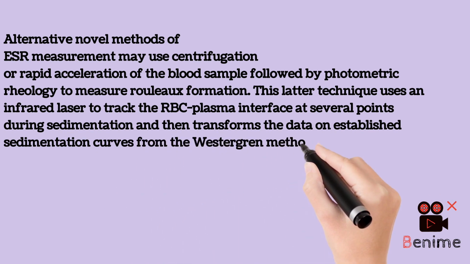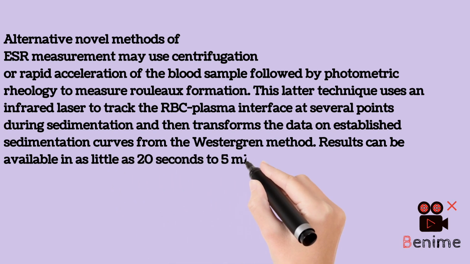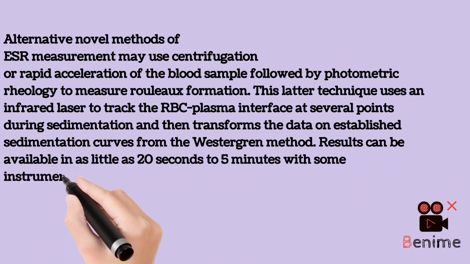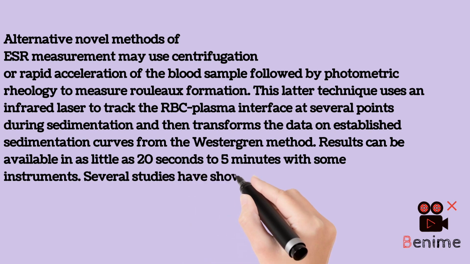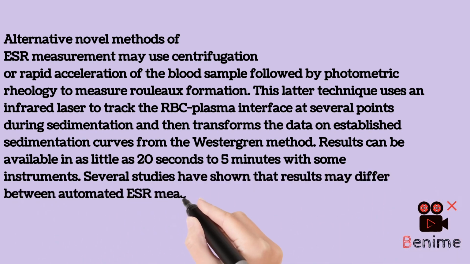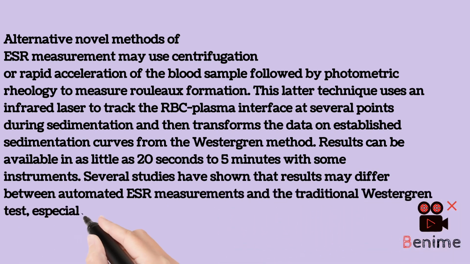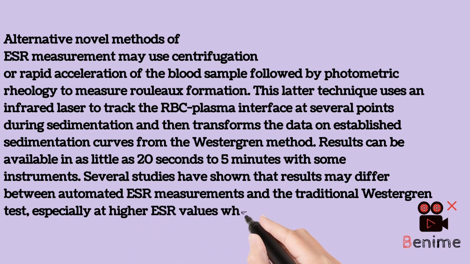Results can be available in as little as 20 seconds to 5 minutes with some instruments. Several studies have shown that results may differ between automated ESR measurements and the traditional Westergren test, especially at higher ESR values, where automated values are often falsely lower.